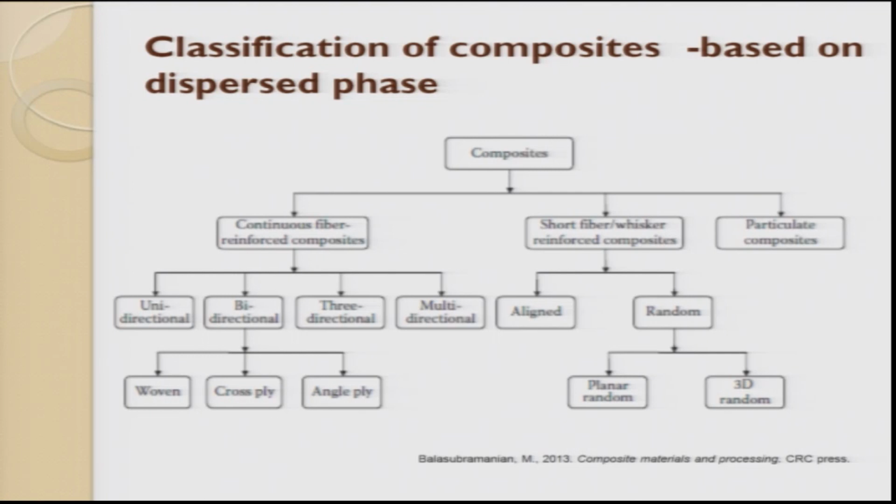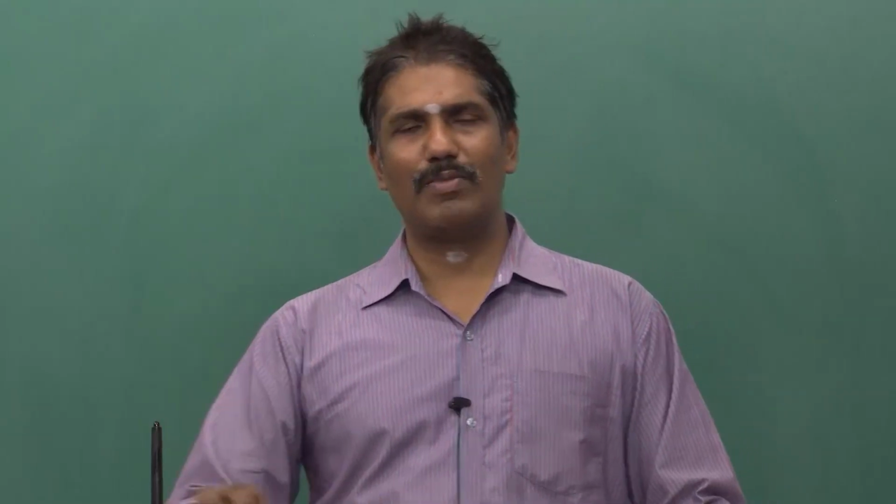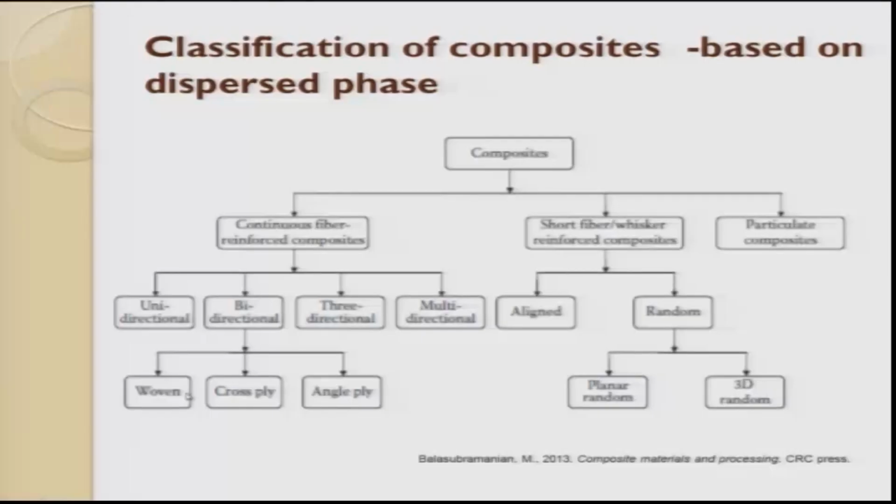In one direction there will be a large amount of fibers, and in the cross, that means to say the perpendicular direction, there will be only a lesser amount of fibers to hold these fibers. In bidirectional fibers, in both directions of a mat, you will have a uniform distribution of glass fibers. Today there is a big push towards 3-dimensional. I will show you what that is, and then you can also see multi-dimensional.